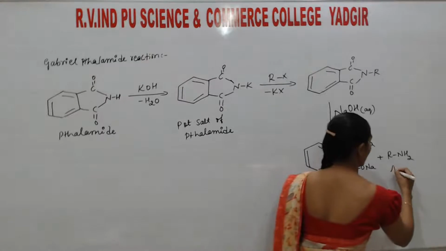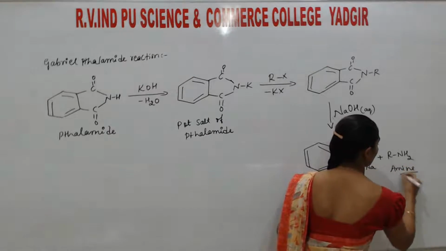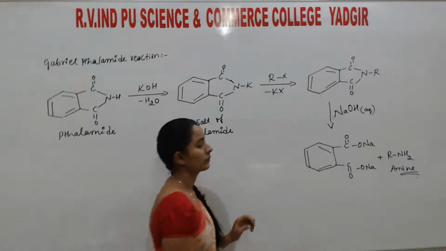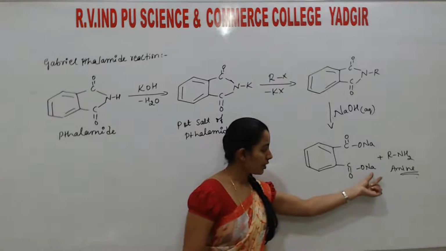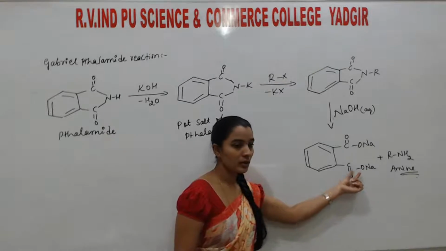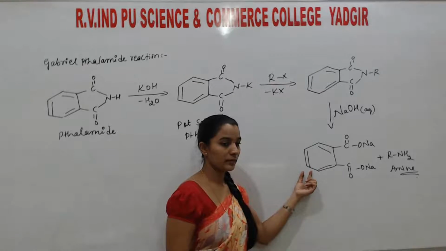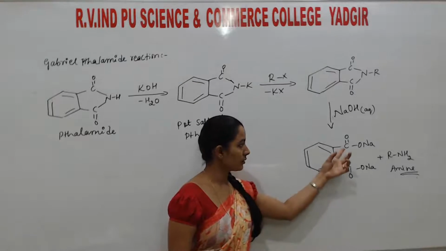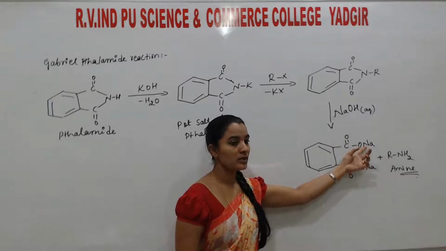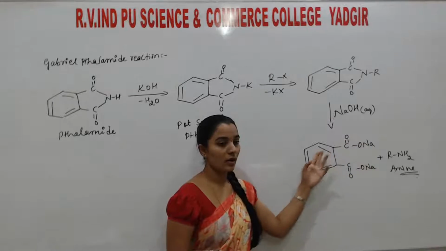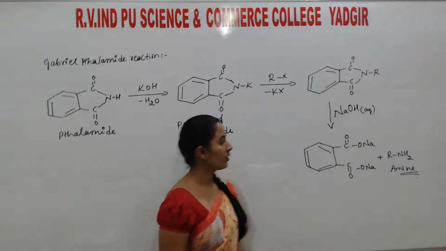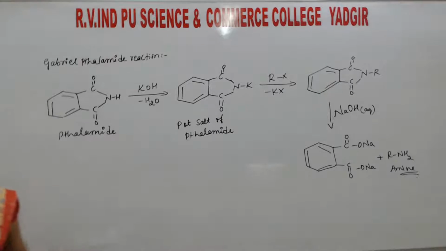This one is amine. This is the sodium salt of phthalic acid, that is C double bond ONa, a sodium salt compound. Are you getting? So this is our report.